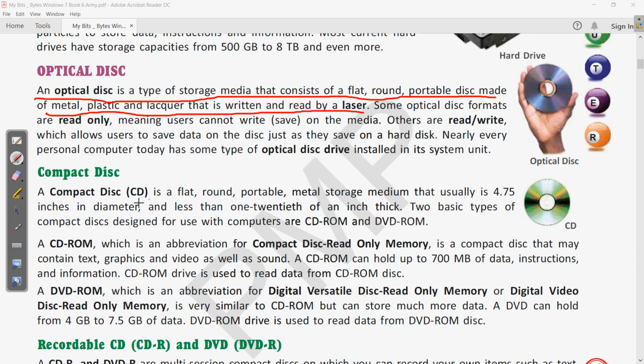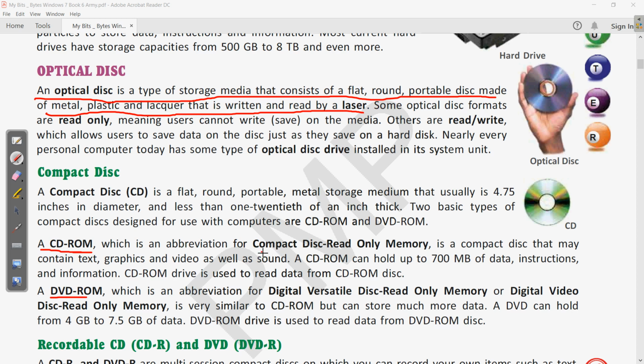Now after that you have to write the types of optical discs. In the types you can write CD, DVD and Blu-ray. These are the different types. First is the CD, you can find it here. CD-ROM. For all of these, CD, DVD, just write the names, then the full forms.